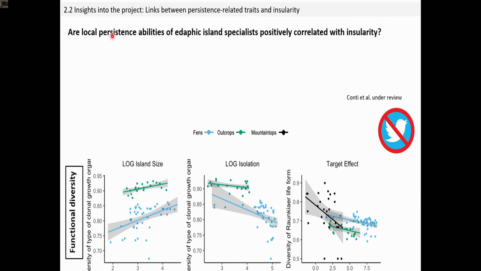And when we go for functional diversity, we found different traits. Here we have the diversity of types of clonal growth organs. In clonal plants there are a variety of different organs which may exert vegetative reproduction, namely rhizomes, which are stem-derived, then there are stolons, again stem-derived but above ground, whereas rhizomes are below ground.